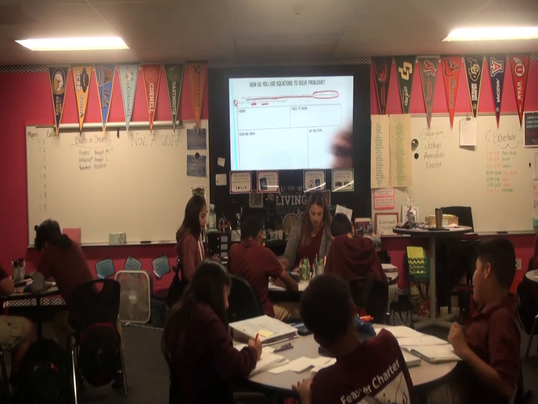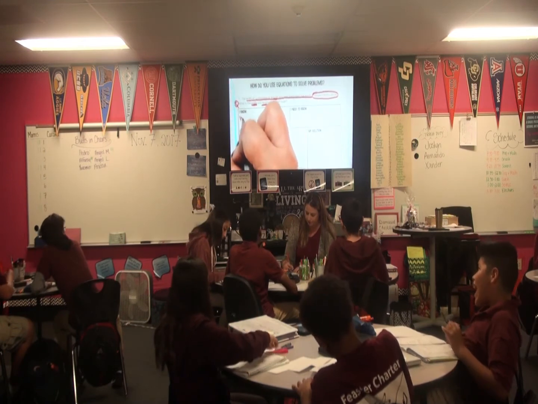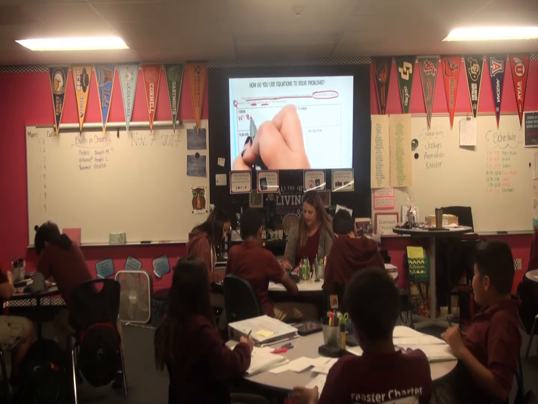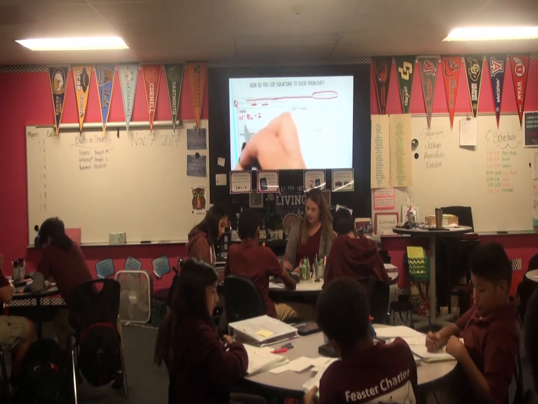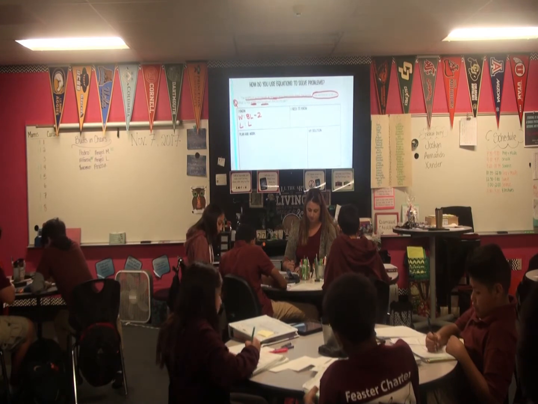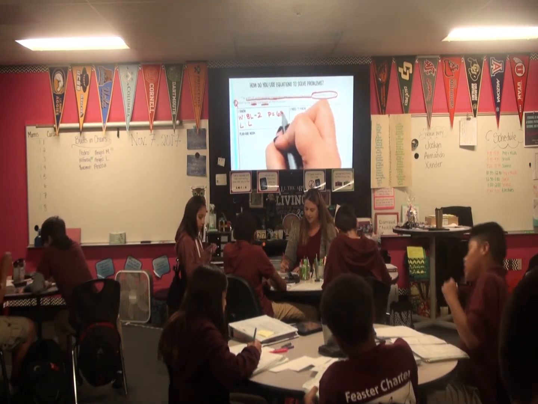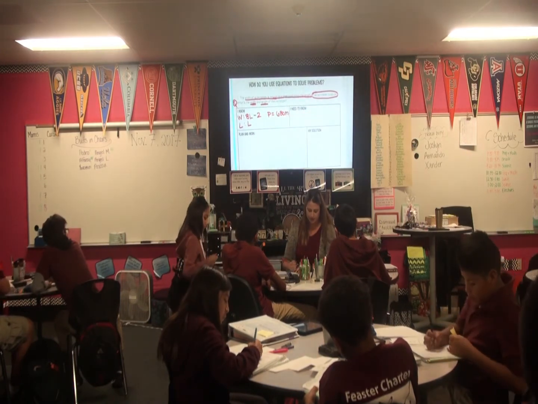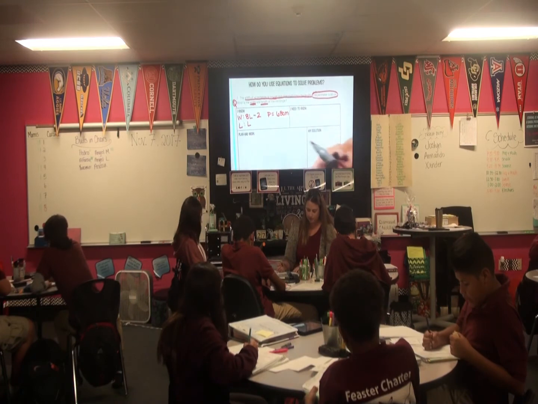So what did we know? We know that, what did we decide on? The width is 8 times the length minus 2. And the length is just L for length. We also know that perimeter is 68 centimeters. Is there anything else that we know? Subtract a rectangle. We are subtracting.